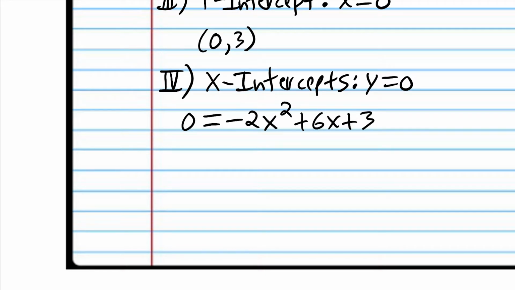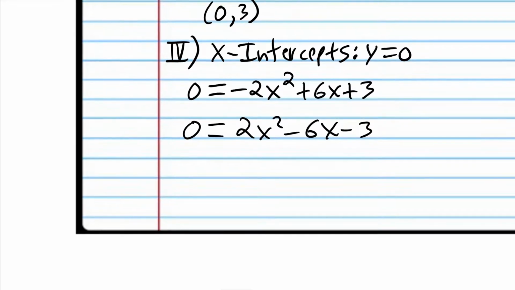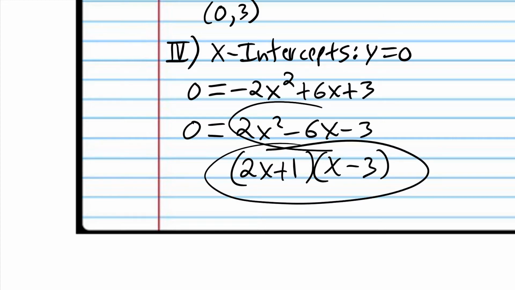So you could multiply both sides by negative 1, and you get 2x squared minus 6x minus 3. And then you would try to factor: what 2 numbers multiply to 2? That's 1 and 2. So 1 here and 2 here. And then you ask what 2 numbers multiply to negative 3, and you'd try maybe 1 and negative 3. And then you'd FOIL this back out to see if it equals that.